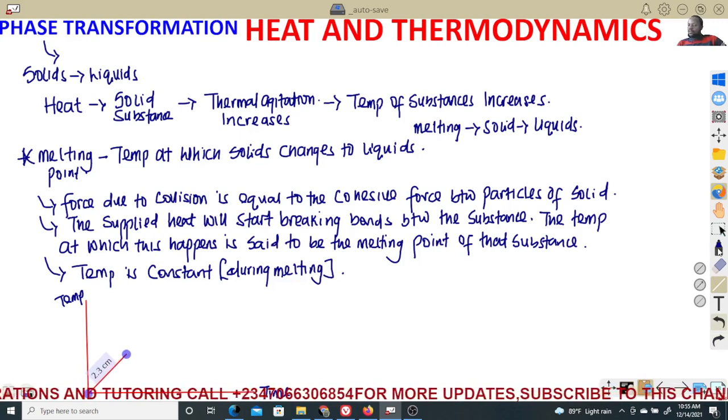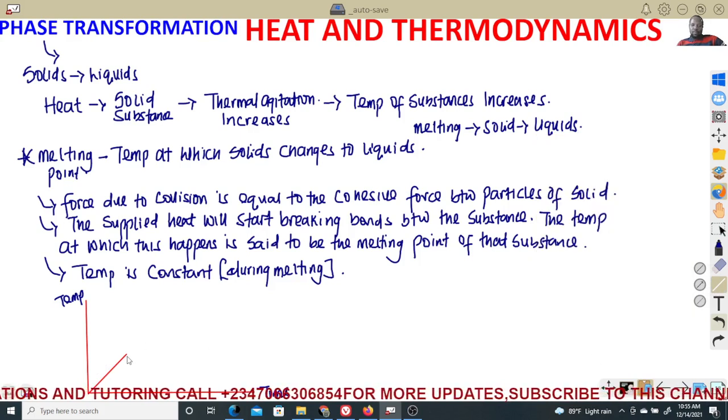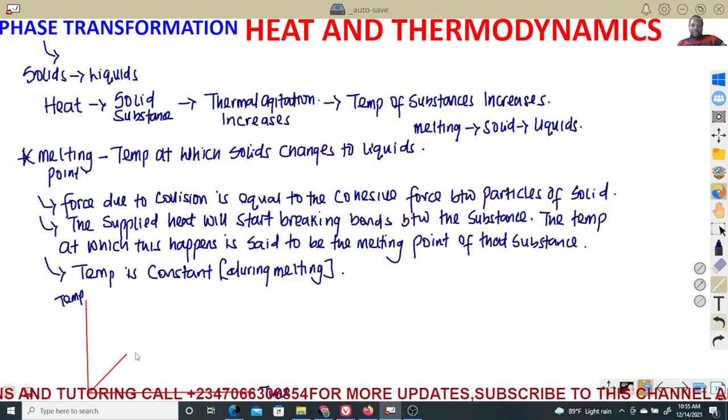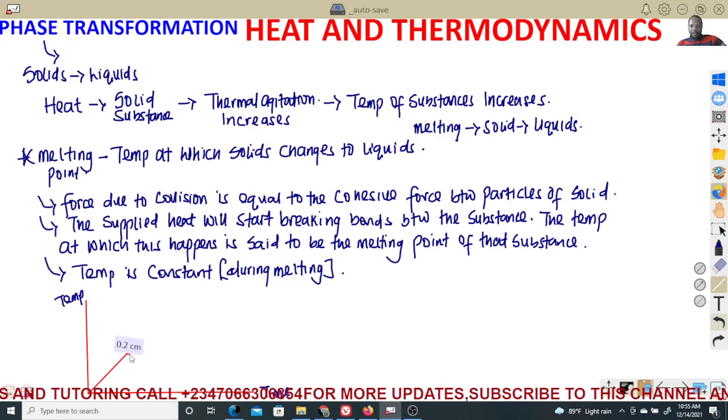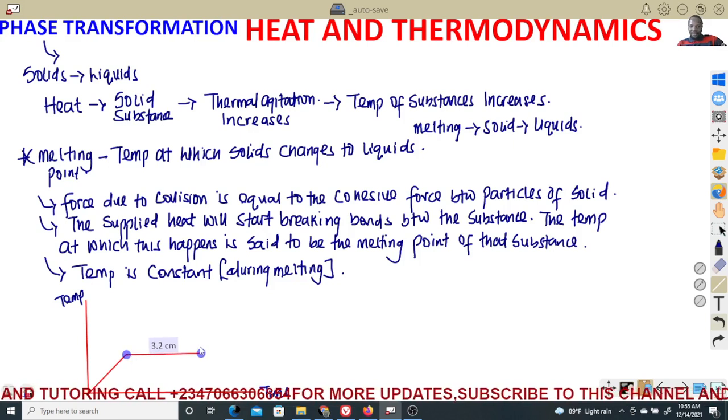So after it was heated, when the force due to collision is equal to the cohesive force between the substances, what we notice, my dear students, is that at that particular process, when the substances start melting, you expect the temperature to be the same because the cohesive force is equal to the collision force, or the thermal agitation force.